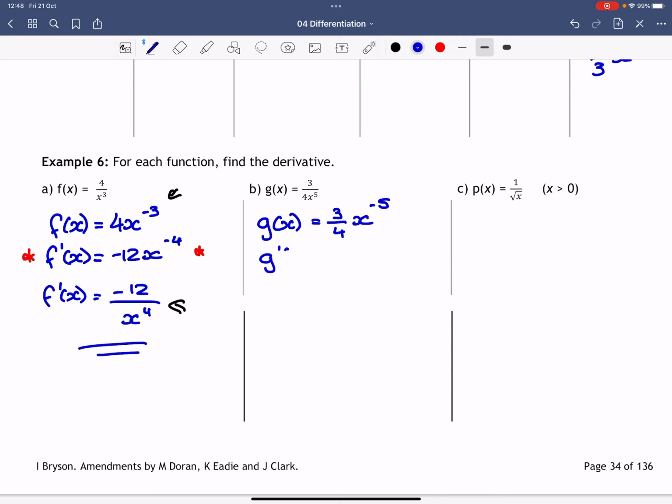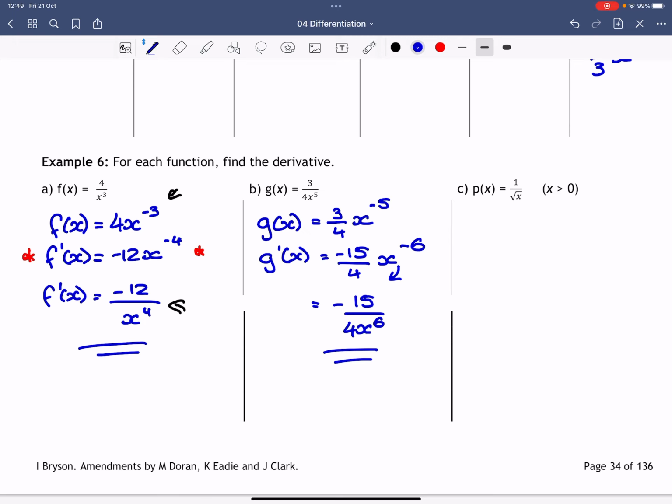So we have g dashed x is going to be -15/4 x to the power of -6. And then let's write it back with a positive power. So let's put the x on the bottom and make the -6 a +6. So I get -15 over 4x to the power of 6.